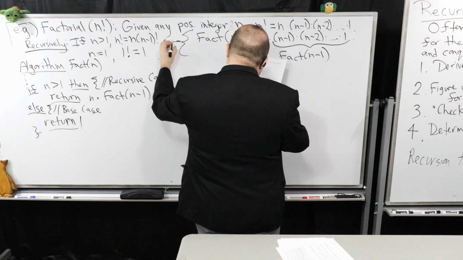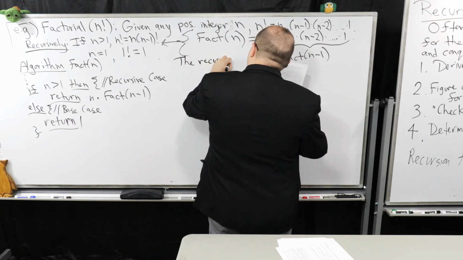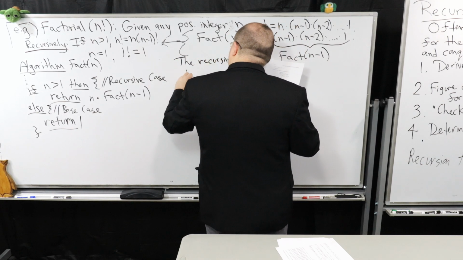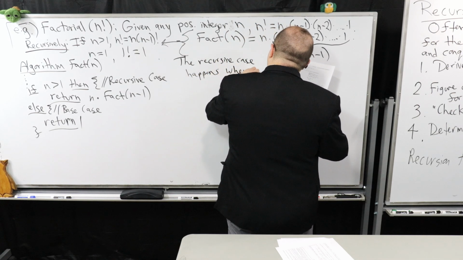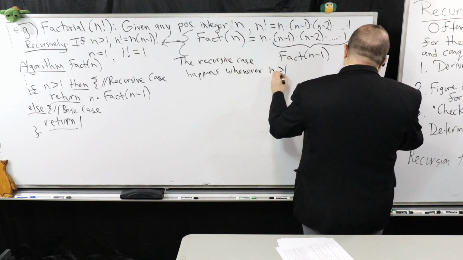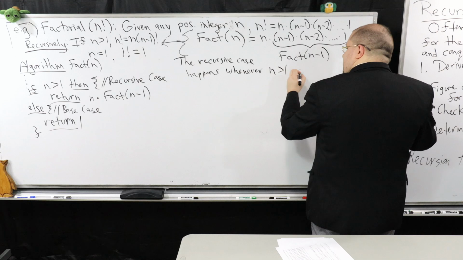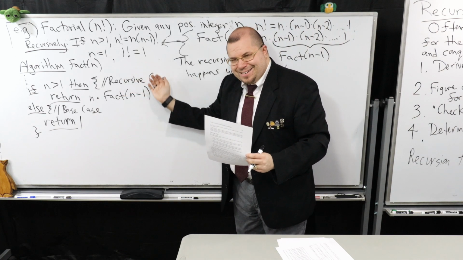So the recursive case happens whenever n is greater than 1. So whenever n is greater than 1, I'm just doing this, right?